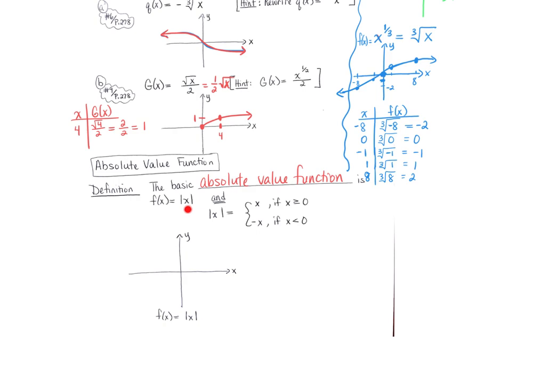This is the absolute value of x. And the absolute value of x is defined as x if x is greater than or equal to 0, and negative x if x is less than 0.